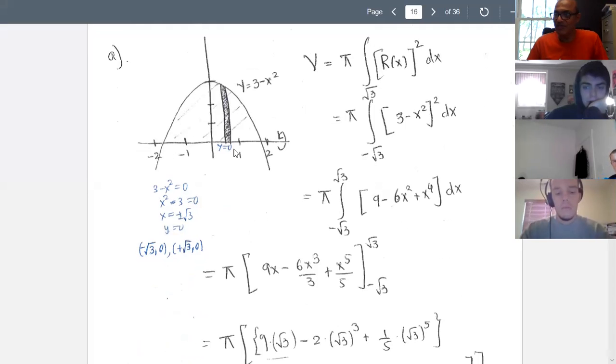Another equation is 0. So 3 minus x square equal to 0. So x square minus 3 equal to 0. So x equal to plus or minus root 3. If you plug that value over here, you're going to get y equal to 0. So naturally, negative root 3, 0, and plus root 3, 0. These two are the points of intersection, or you can say x-intercepts.